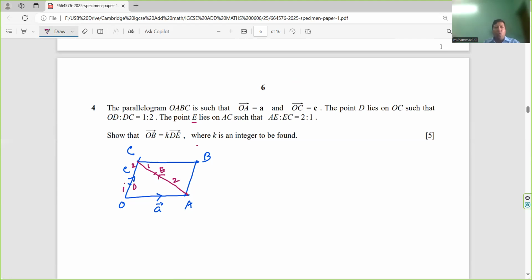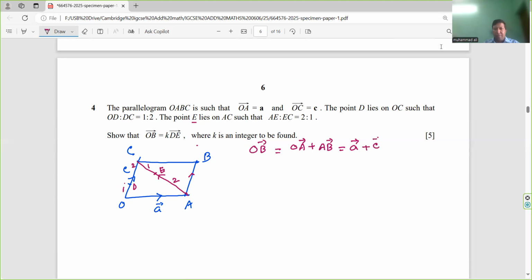Show that OB equals k DE, where k is an integer to be found. So at first we have to find the OB vector. OB vector equals OA vector plus AB vector. OA is a, and we know that AB and OC are parallel, so AB is also c.